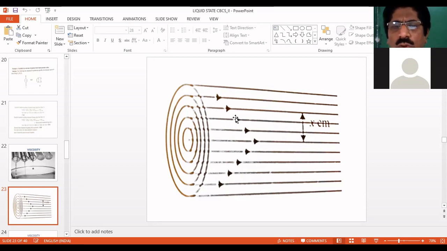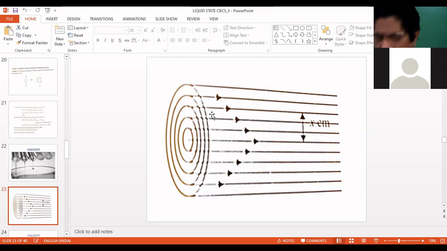The molecules are so close to one another and they are moving in the form of layers. So layers touch one another, and hence a force of friction exists when the molecules of the liquid move from one place to another or one side to another side.